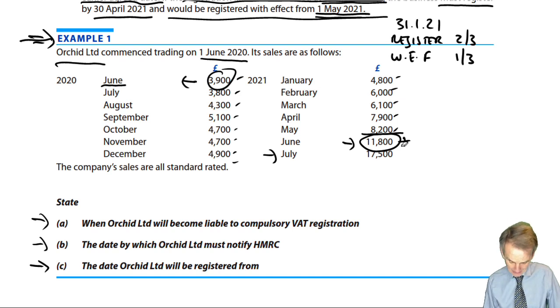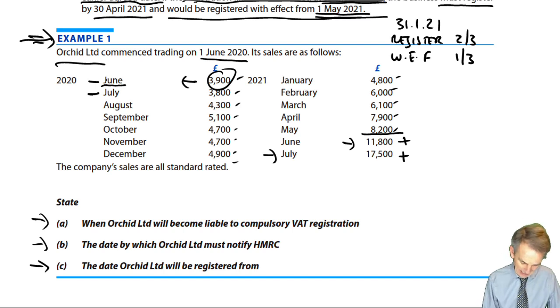But remember, as I say, as you're now working on a rolling 12-month cycle, when you add in July of 2021, you take out July of 2020. So you move forward, take out June 2020, add in June 21. Still not over? Then take out July 2020, add in July of 21.